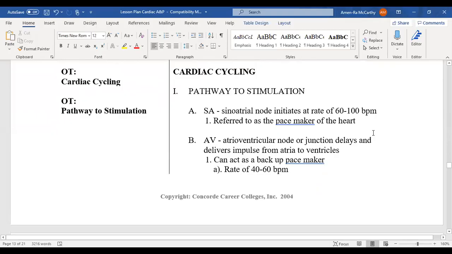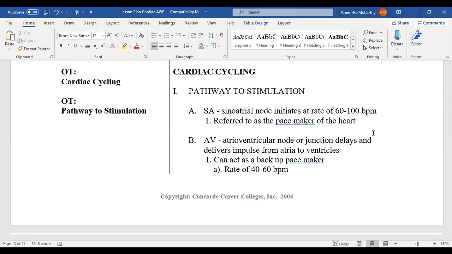Cardiac stimulation. The electrical pathway through the heart starts with the SA node, which is known as the pacemaker of the heart. It fires at a rate of 60 to 100, which is the normal heart rate. Then it fires to the AV node.